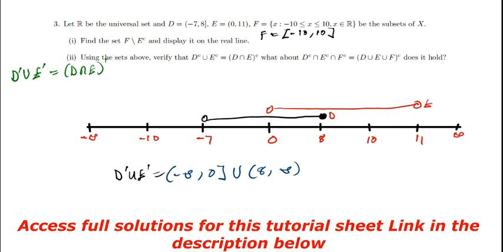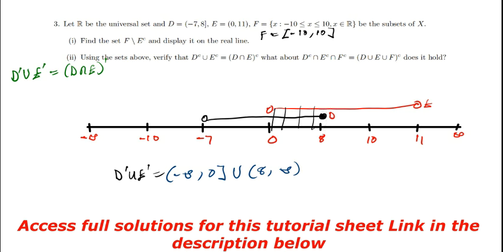So now remember, this question is saying intersection. So we are now looking for the elements which are common in D as well as in E. So where the two lines intersect, that is where our solution is. If you look at these two lines, the black and the red line, these two intersect from 0 all the way up to 8.